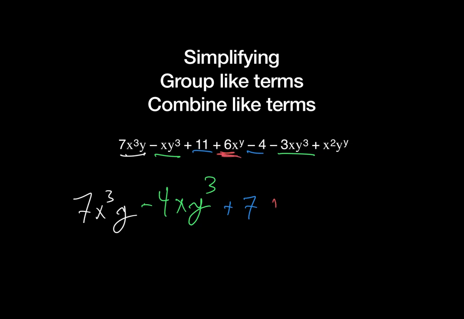This one will be 6x to the y. And then my last term, x squared y to the y. That exponent didn't come in real well. All right. So just grouping them up, adding the ones that you can. Adding is nothing more than counting.